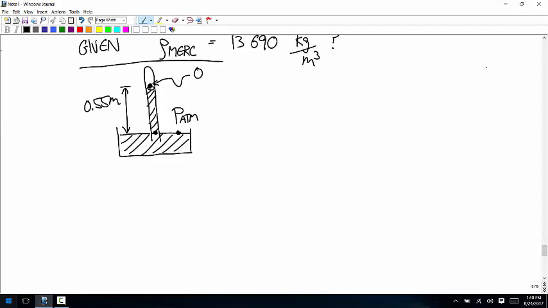So if this is P1 and this is P2, we know that P1 is equal to P2 plus rho g h.